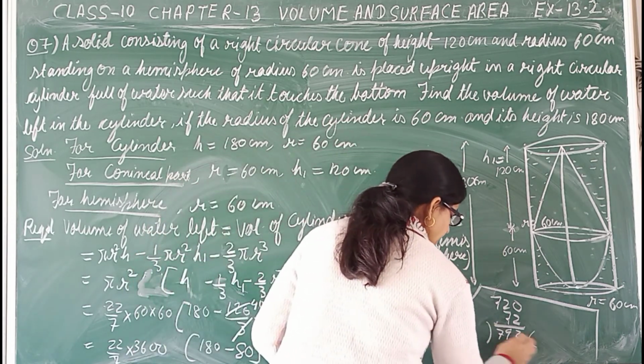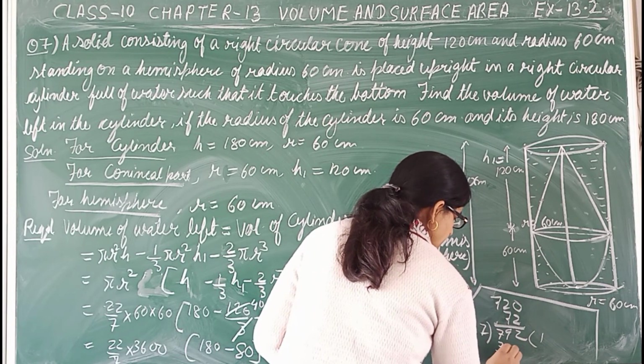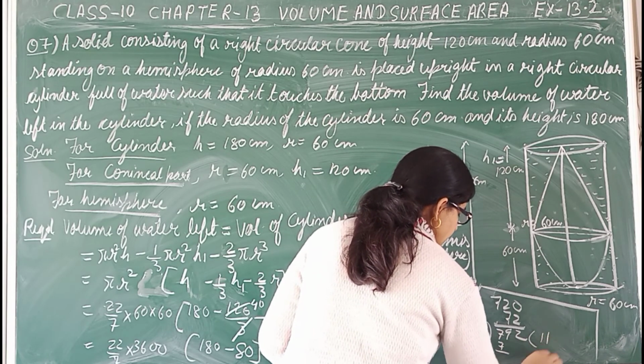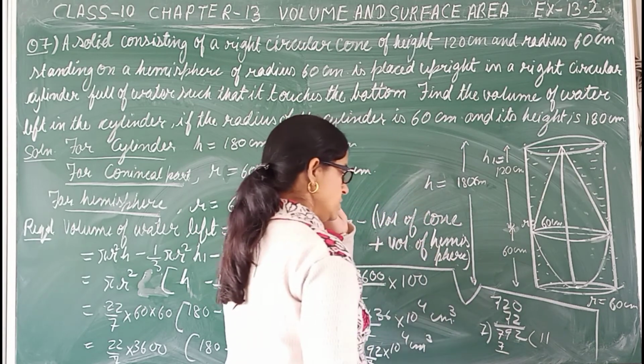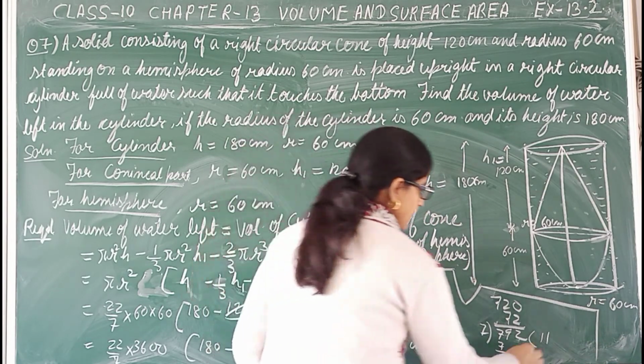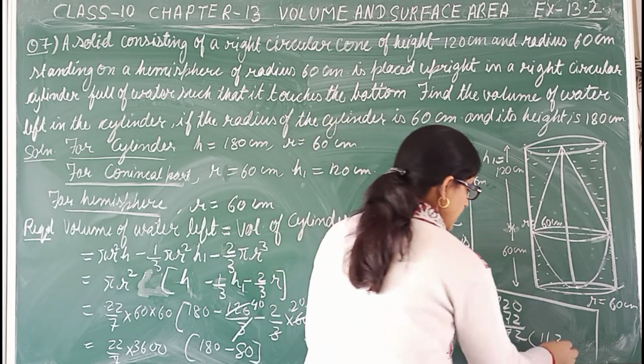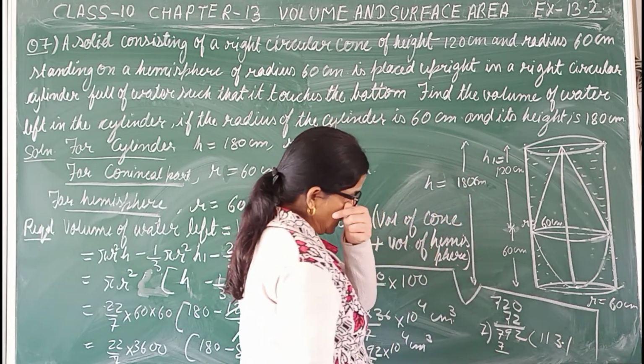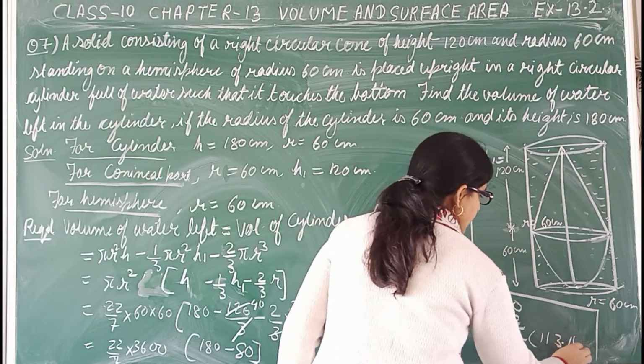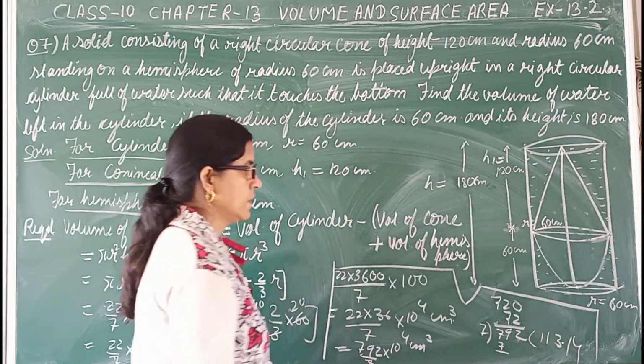Now we have to divide by 7. 7 plus 7, again 7 plus, then 2 into 7 is 21, then 1, then again 7 plus 7 and 7 plus 28. Okay.